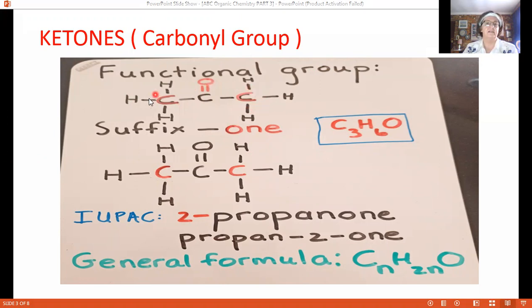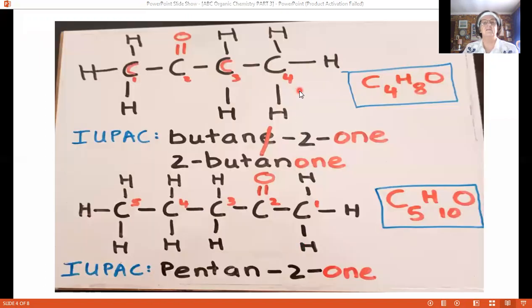So this is your most basic example of a ketone. You don't need to number it because whichever way, 1, 2, 3 or 1, 2, 3, it will be at number 2. The general formula is the same as the aldehyde, CnH2nO.